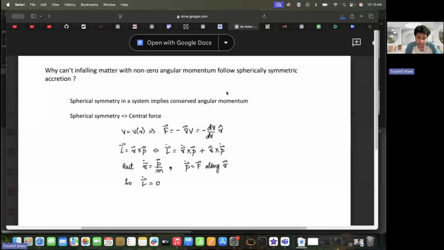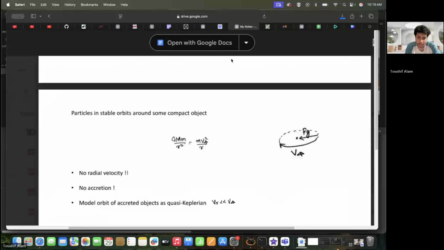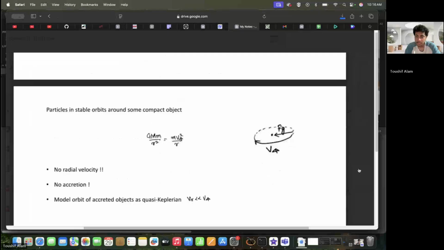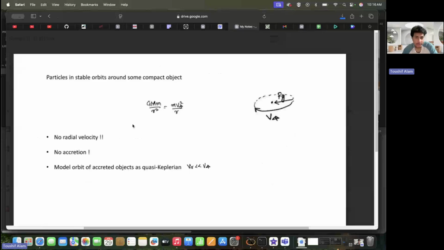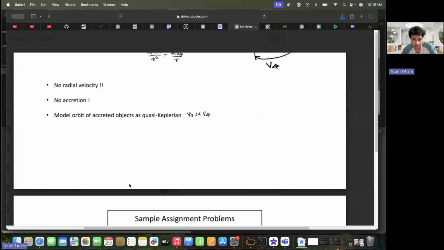Particles in stellar orbit around some compact object: J squared by r squared is m v phi squared by r. This is v phi. No radial velocity, no acceleration, model the orbit of accreted objects as quasi-Keplerian, if they are less than v phi.